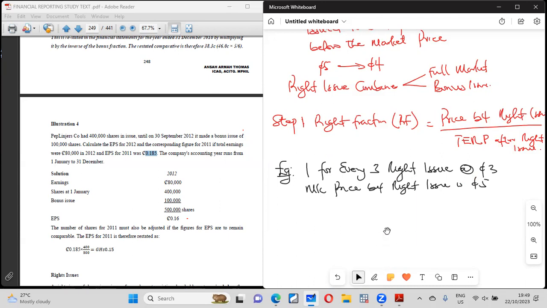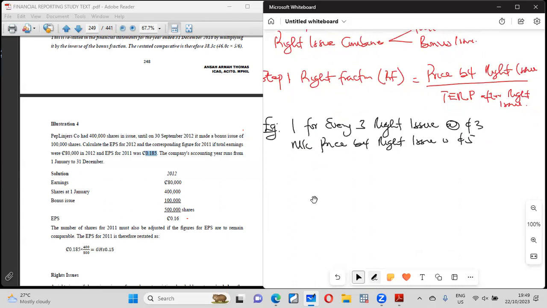So right fraction will be the price before. The price before is 5, right? Now, if you do know the meaning of the right issue, you shouldn't mix up the prices.